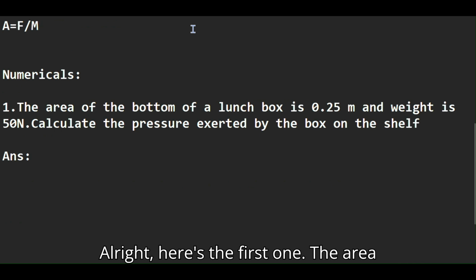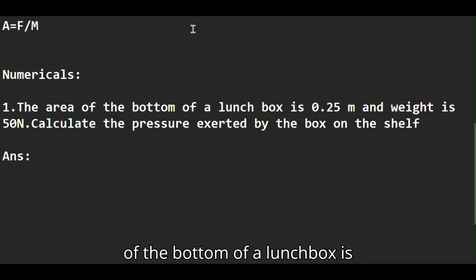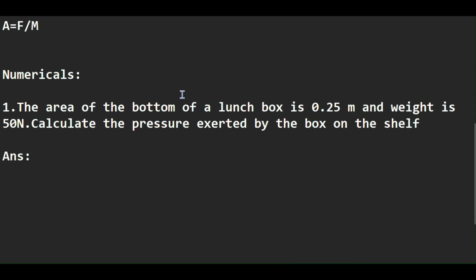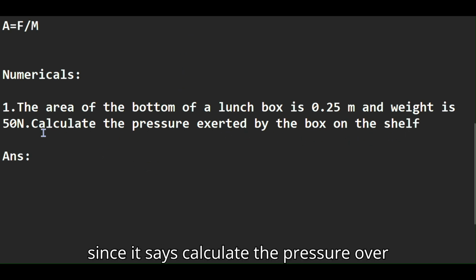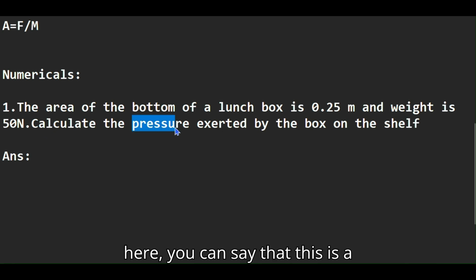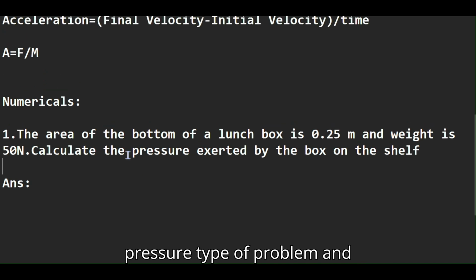All right, here's the first one. The area of the bottom of a lunchbox is 0.25 meters and the weight is 50 Newton. Calculate the pressure exerted by the box on the shelf. Since it says calculate the pressure, this is a pressure type of problem.